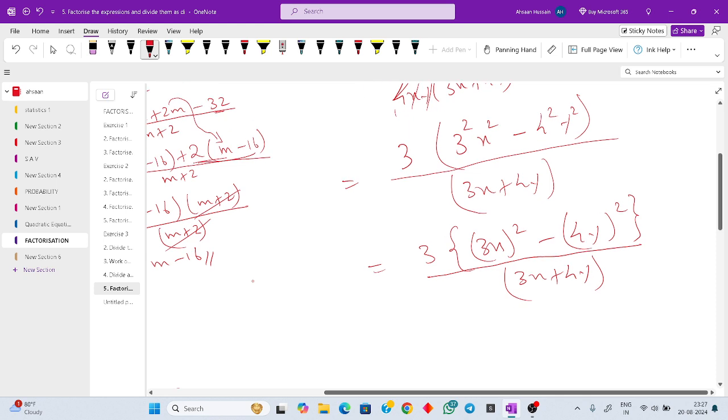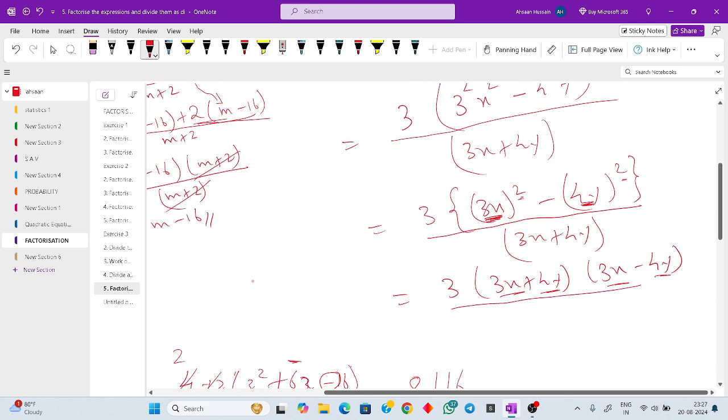So this should be 3x plus 4y and 3x minus 4y, because this is our a and this is our b. So a square minus b square is a plus b multiplied by a minus b. So the answer is 3(3x minus 4y). This is our answer.